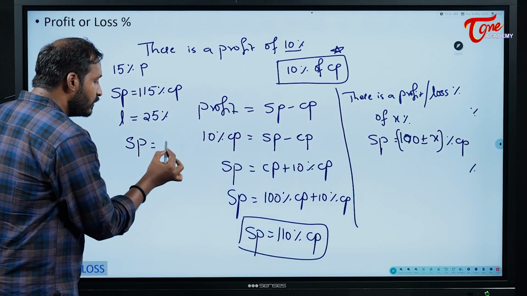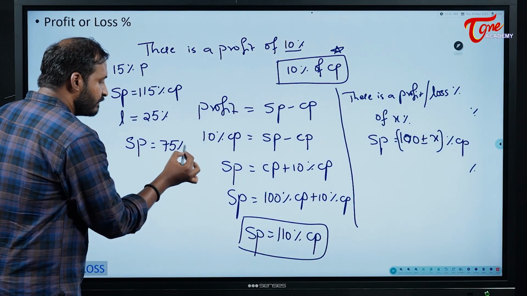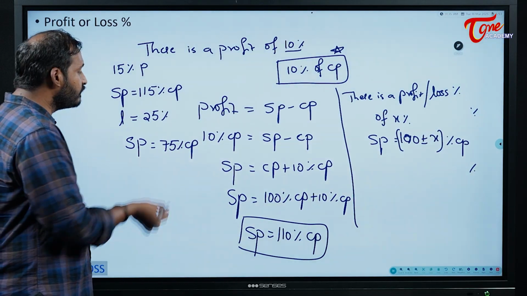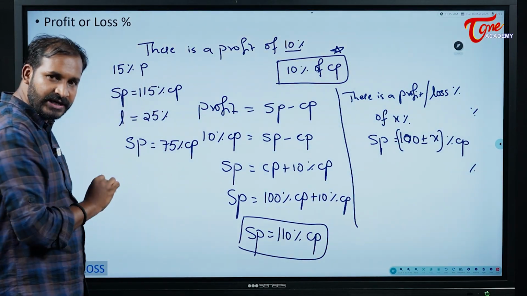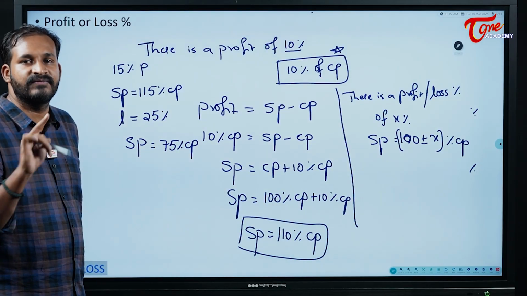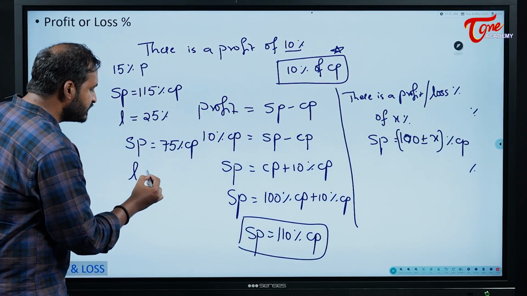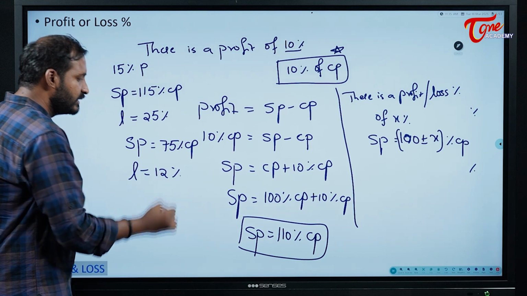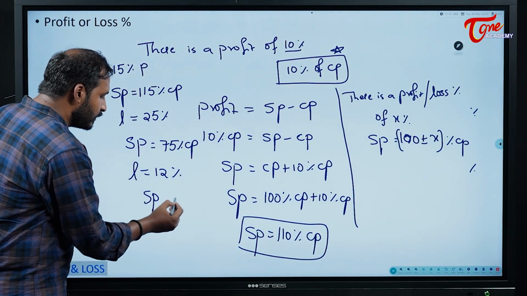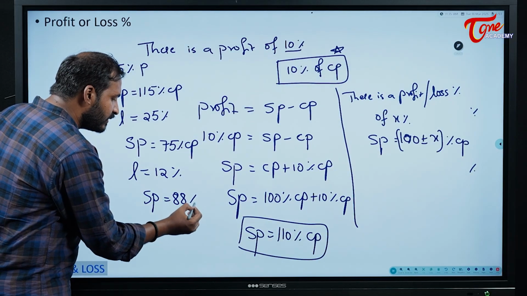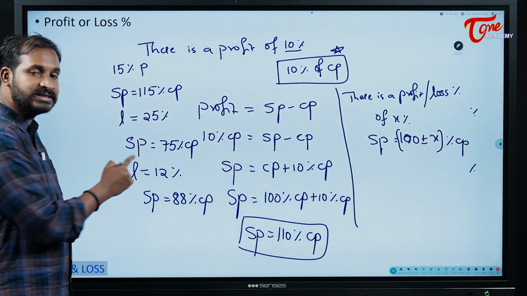SP is equal to 75% of CP. The reason is I have subtracted 25 from 100. If it is a profit, add it to 100. If it is a loss, subtract it from 100. Similarly, if I say that there is a loss of 12%, then SP is equal to 88% of CP. The reason is it is a loss.